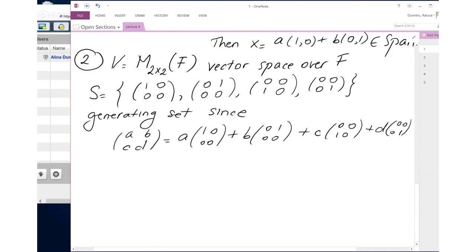So let me add this here. If I take this S and I take the union with any matrices you want, so just add a bunch of matrices in there, it would still be generating.